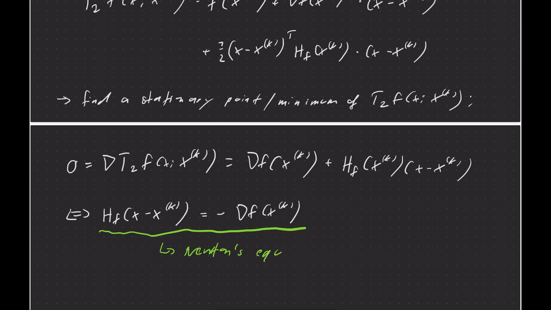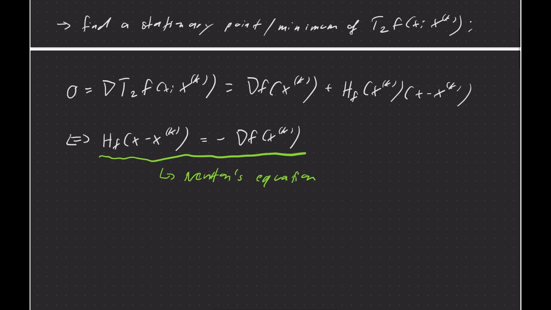That is called Newton's equation. And basically what we want to do is determine this expression here, x minus xk, and then move to the new x that solves this expression, that minimizes, locally minimizes or maximizes this quadratic approximation.